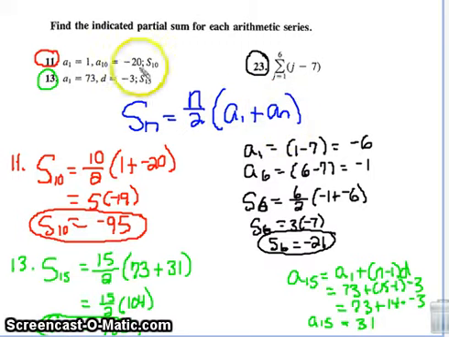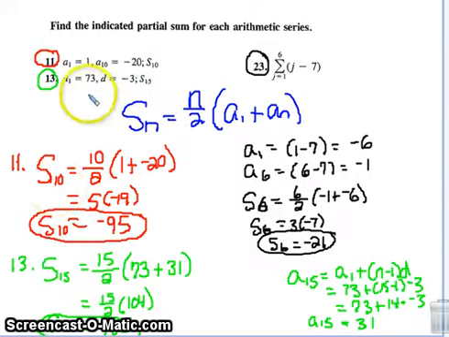In the first one, the red one, number 11, I gave you the first term and the last term. So all you have to do is say that there are 10 terms divided by 2, and then we're going to multiply by 1 plus negative 20, the last term, a10. Some will. There might be one that's that straightforward.